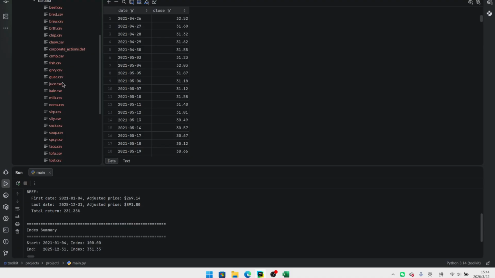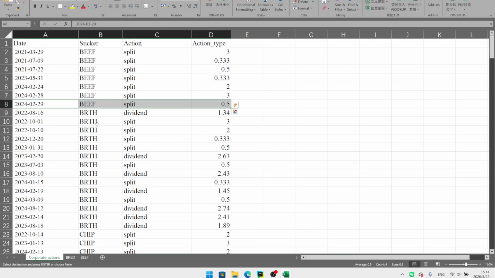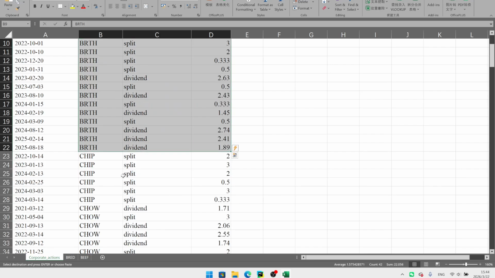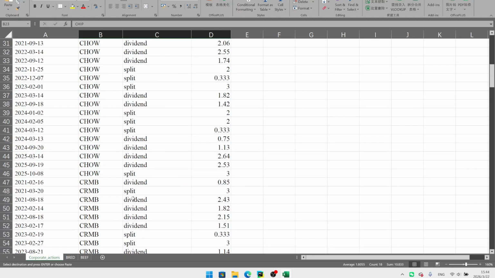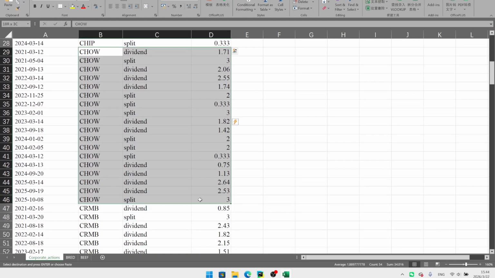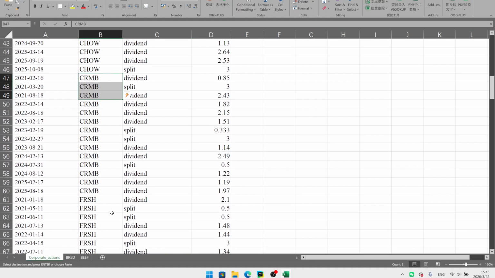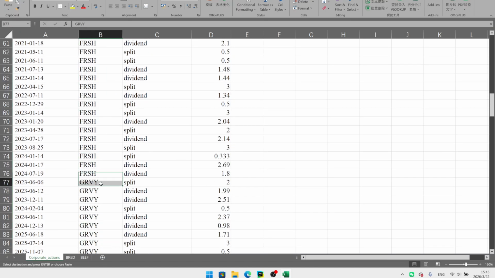I need to have the milk. No milk. I need to find it in here, which contains too much. Contains too much chips. All are split. Cow is not good. Too much. Fresh. Too much.